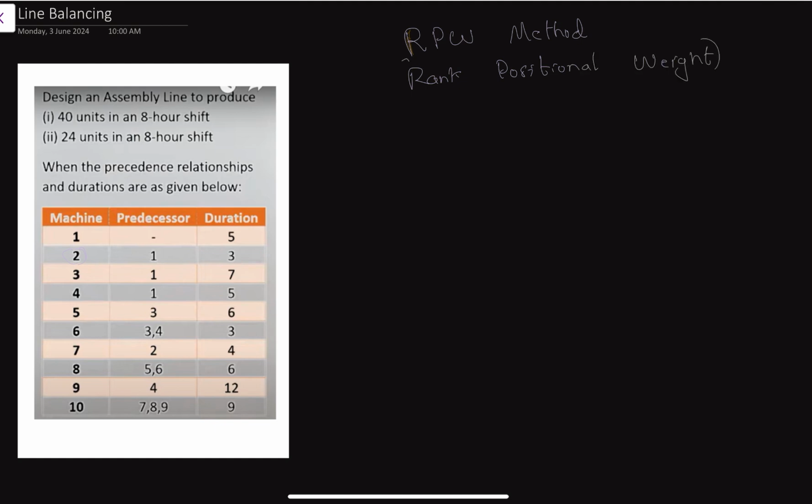So this is the method we are using for line balancing here. This is one of the methods used for line balancing. Let us understand this method with the help of an example.